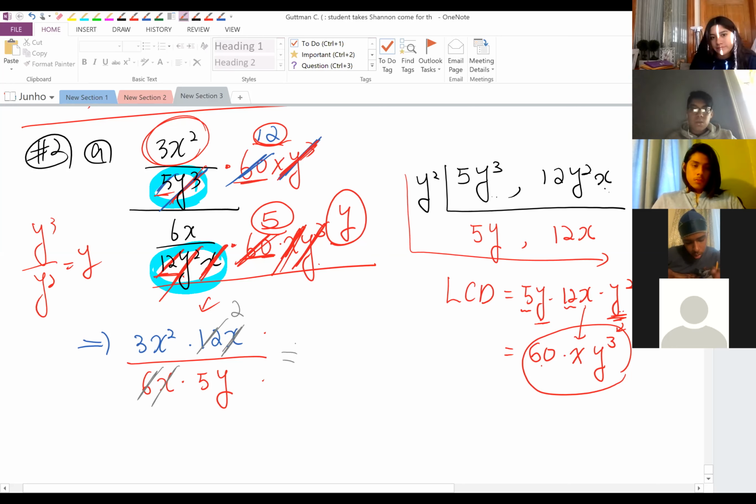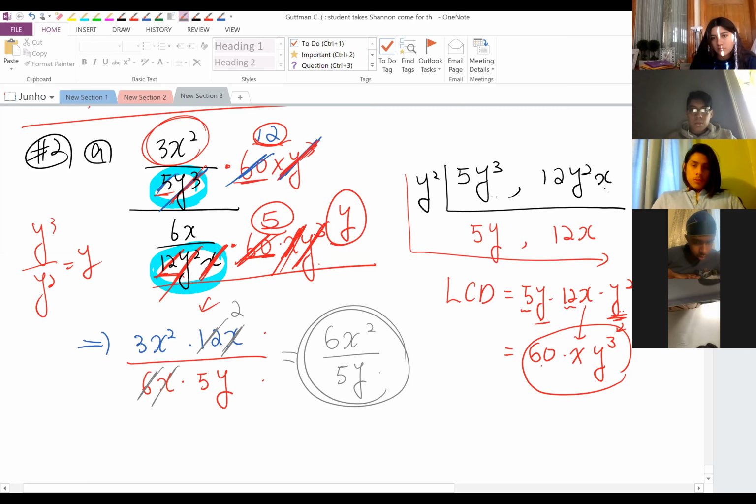Then the answer becomes 6x squared over 5y. That will be the answer for this problem. Get it?